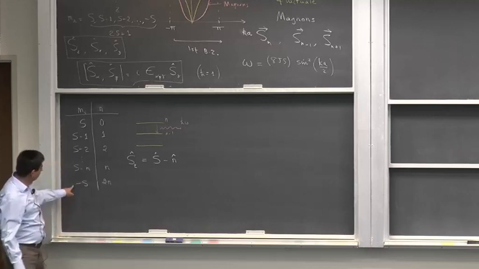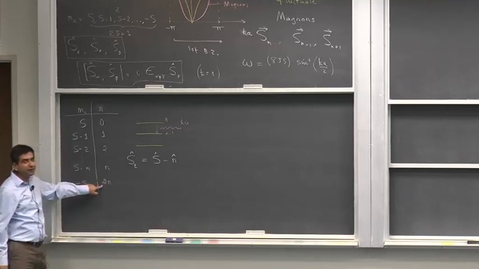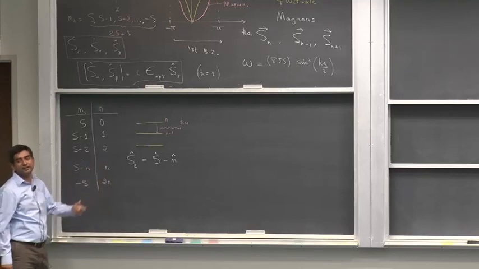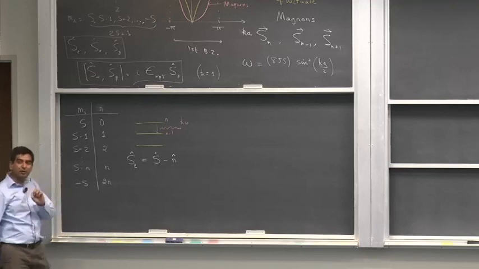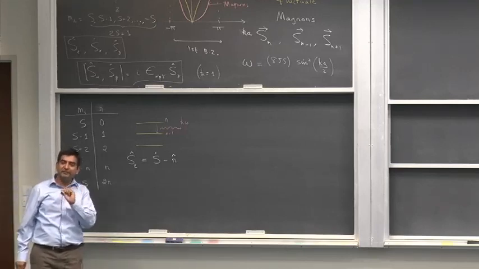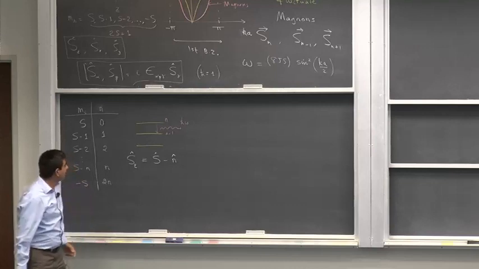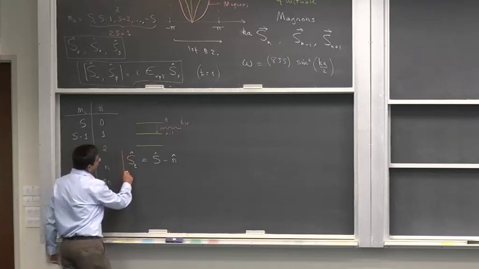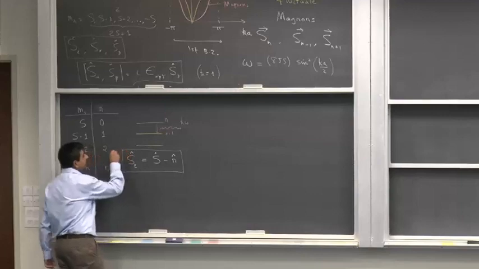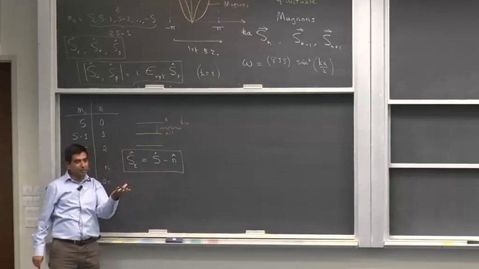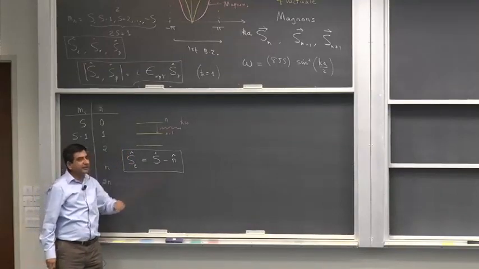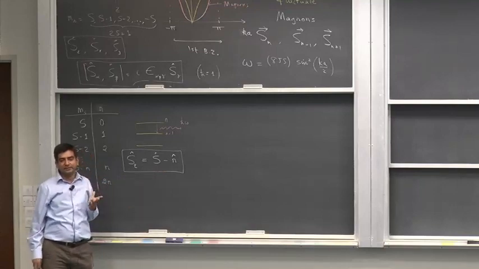So this means it comes here. So this means 2s magnons are created. But remember we're talking about a ferromagnet. For an anti-ferromagnet the situation will be different. We're talking about a ferromagnet exclusively here. So we can define an angular momentum operator Sz as s minus n, where n is the number operator. Its eigenvalues give the number of magnons inside the system.